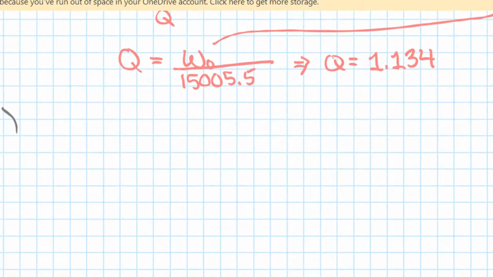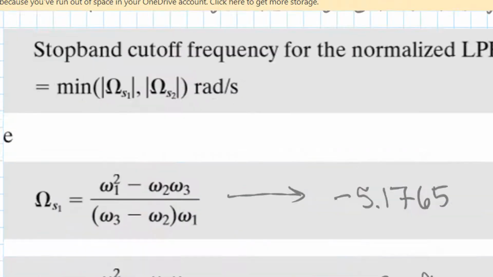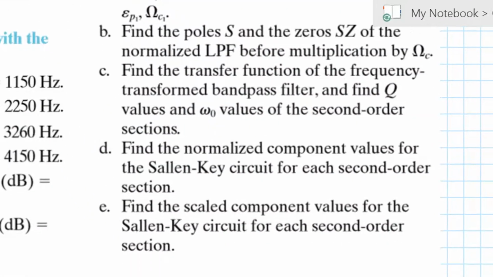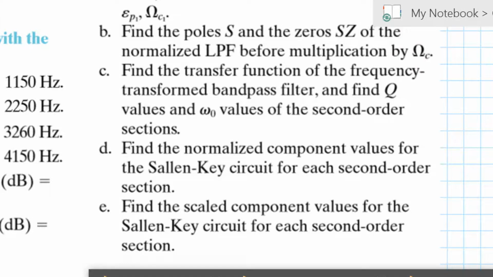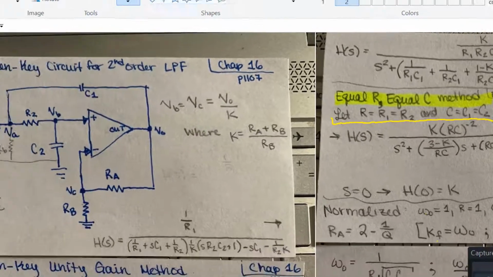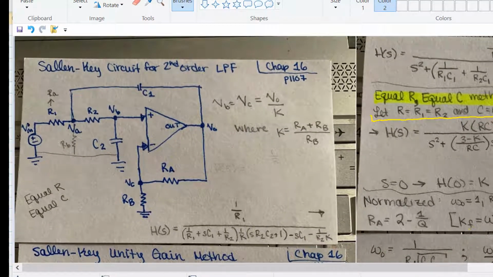Okay, so part D. Find the normalized component values for the Sallen-Key circuit for each second order section. Now, I do have Sallen-Key circuit note cards that I had up maybe in another video, but they are for low pass filters.